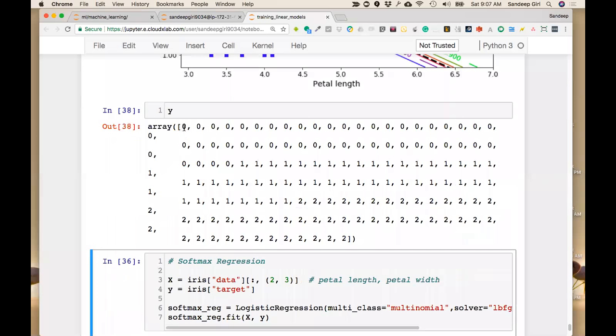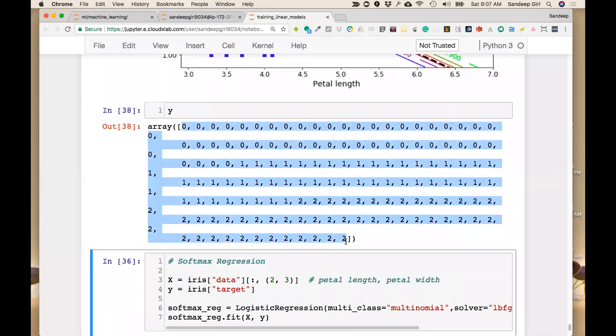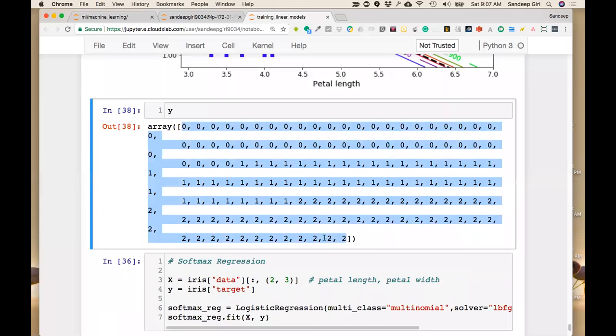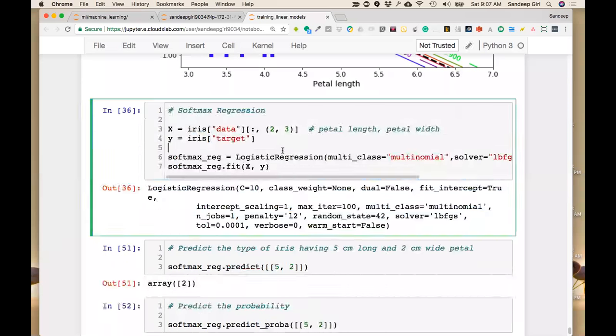So Y basically looks like this. You can see the value of Y is going from 0 to 2. So on the right hand side, instead of 0 and 1, this time it's 0, 1, and 2. This is where the multi-class comes into play.